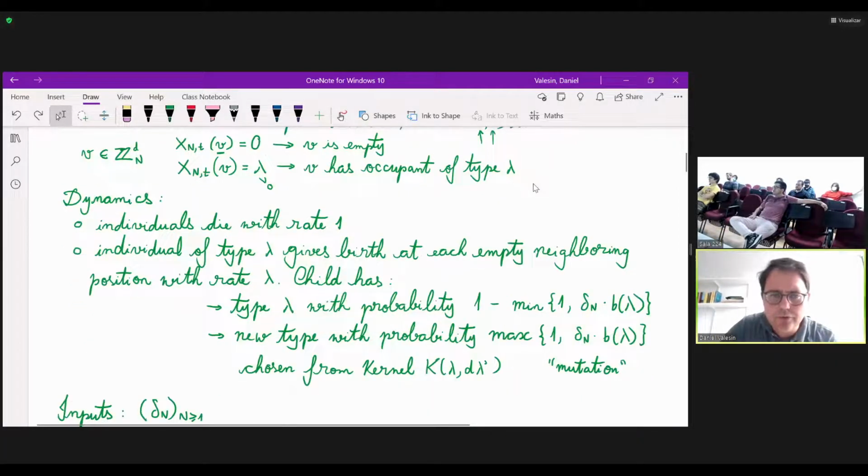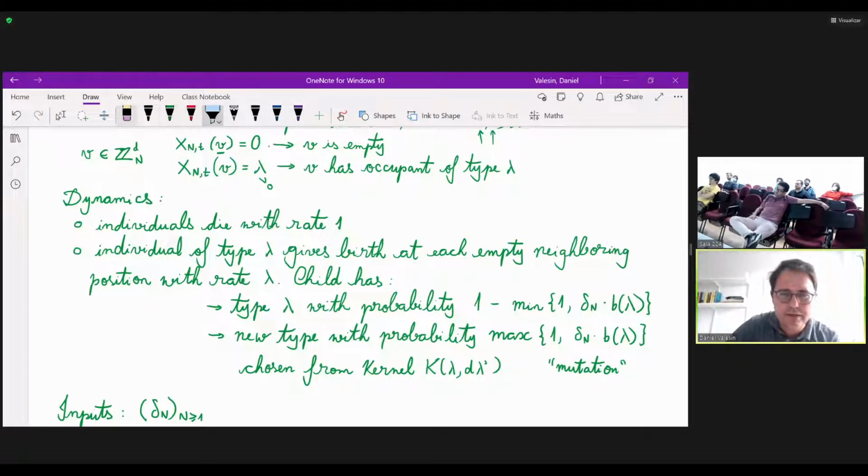Then the child that is created when someone gives birth will have the same type as the parent with a certain probability, but the child can also be a mutant. So the child will have the same type as the parent with this probability here.